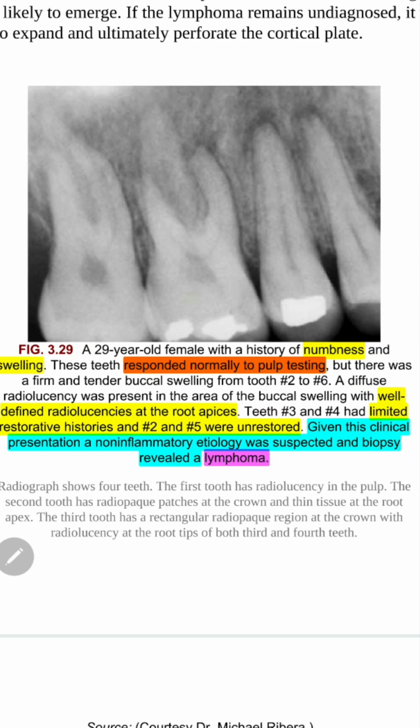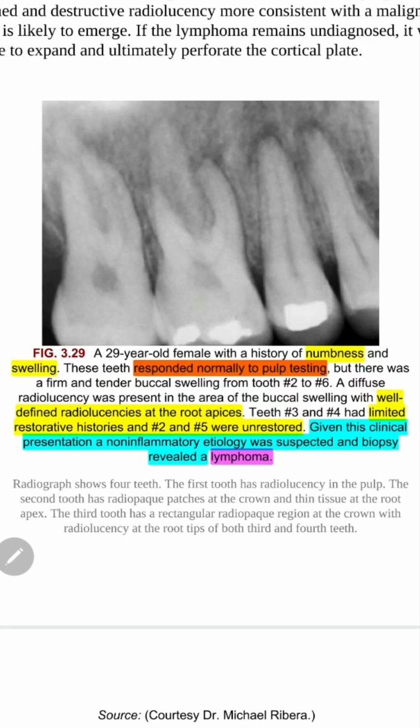Here we have, take note of the symptoms. We have numbness, swelling, and the tooth had radiolucency that is associated with the four of them. Even the teeth had limited restorations, and some of them had no restorations at all. They responded normally to pulp testing. These signs made us think that there is something more than a normal radiolucency, a non-inflammatory etiology.